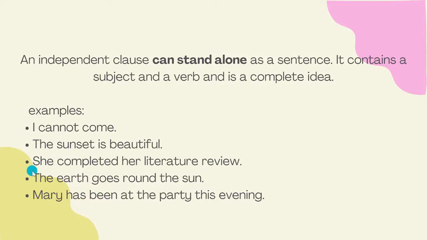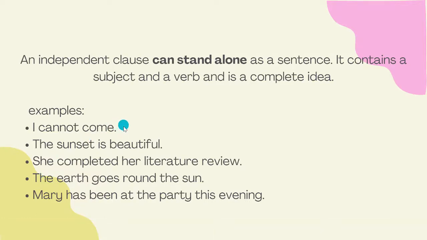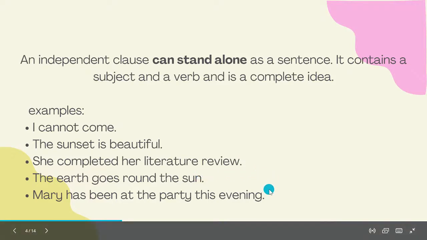And then the next, she completed her literature review. Here is also a verbal sentence, and then the earth goes round the sun, which is also a verbal sentence. And then Mary has been at the party this evening, which is a nominal sentence. So no matter what the tense, this is a modal, negative, this is simple present tense, this is simple past tense, this is simple present tense, and this is present perfect tense.